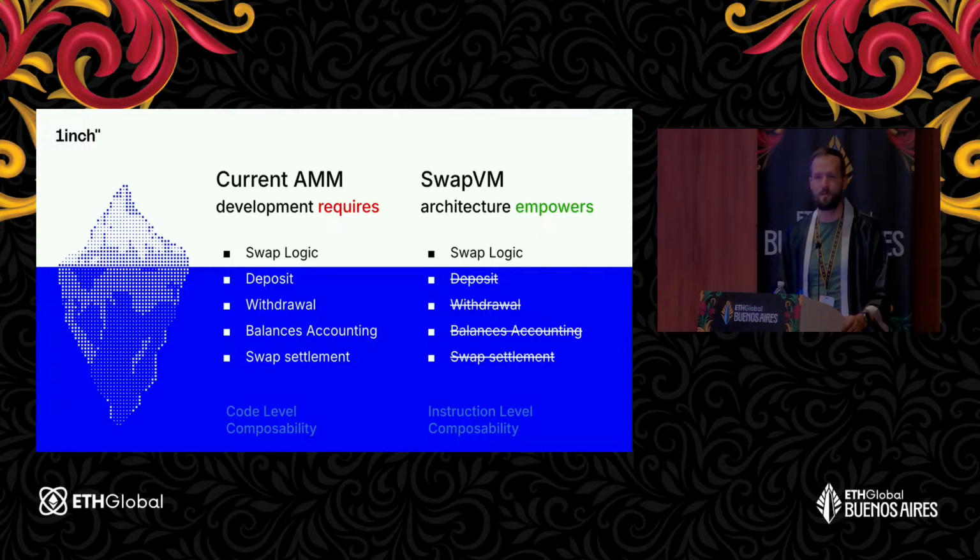But what Swap VM offers you is that if you are able to implement your secret sauce logic as an instruction on this data model, you would effectively avoid writing a lot of code. And your instruction will be composable with some other instructions. Not with every instruction, but with some of them.